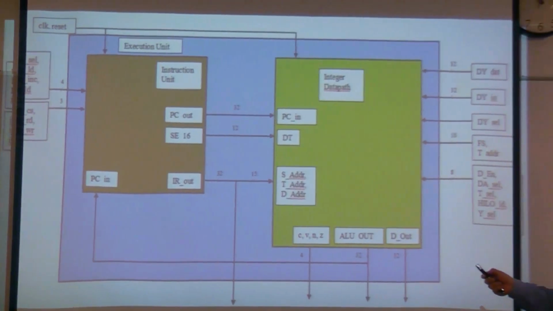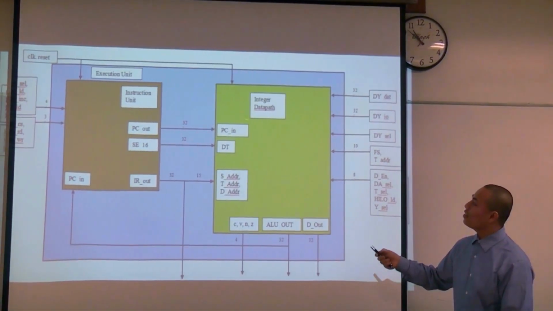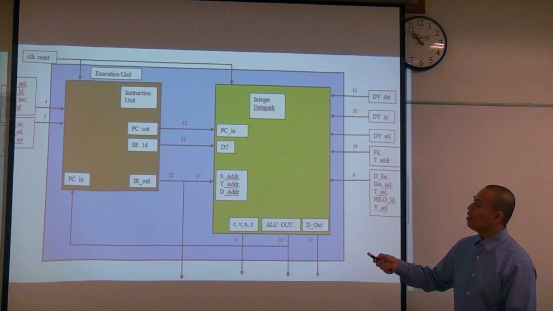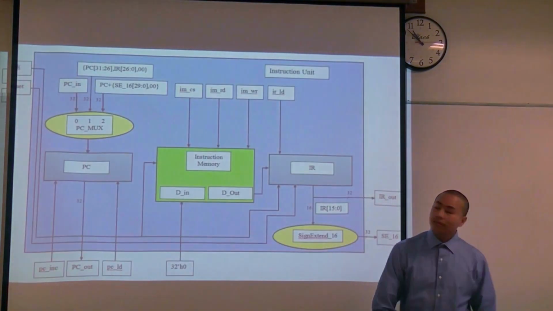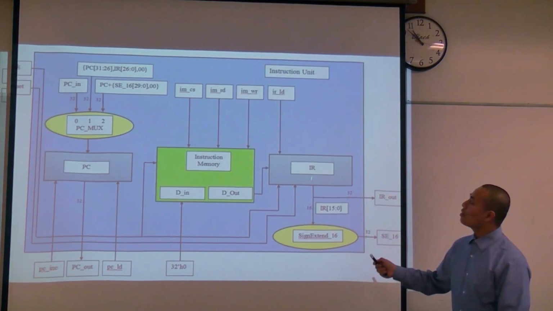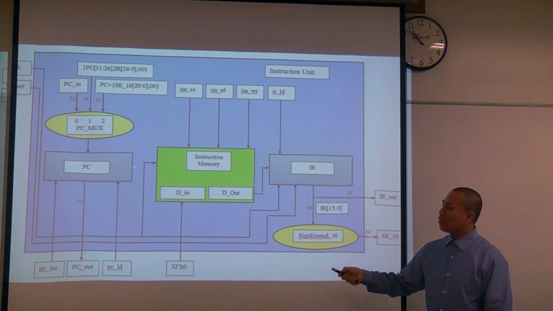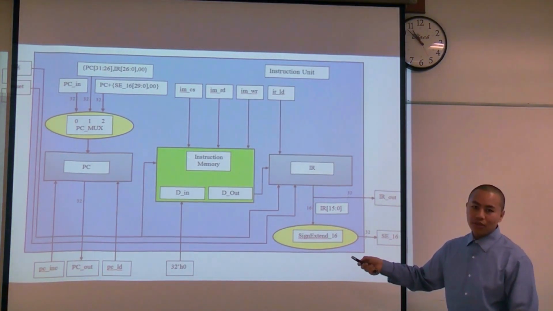This is our execution unit. Our execution unit has an instruction unit and your data path. These 2 communicate between each other, all inside the execution unit. This is an instruction unit. We have the PC, our program counter, kept locally in here, as well as the instruction memory.